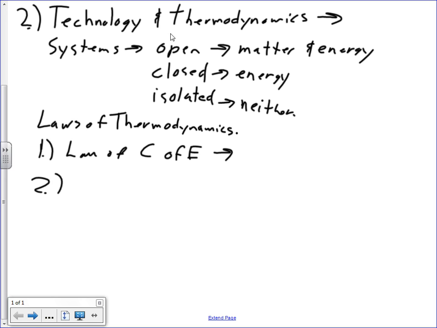Okay, and then the second one has to do with direction of energy flow. From? Yeah, hot to cold, high to low. Okay, just like any natural system, we always go from a high energy to a state of lower energy.